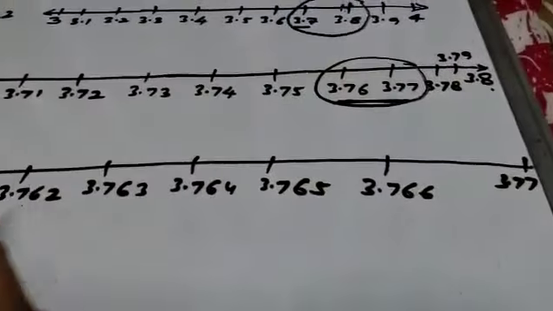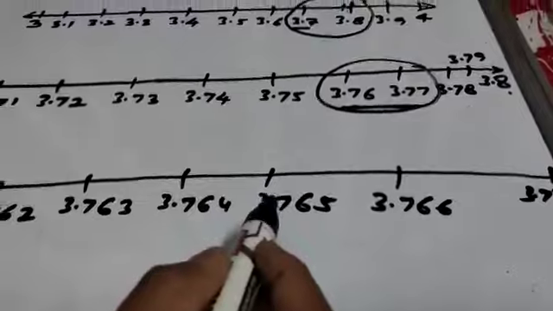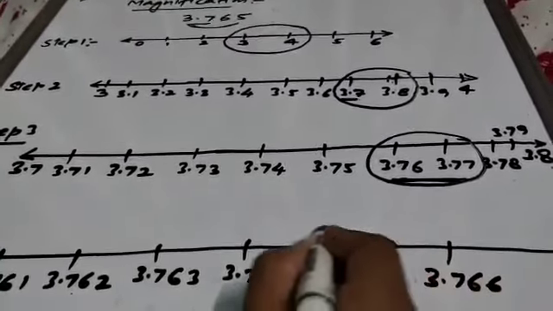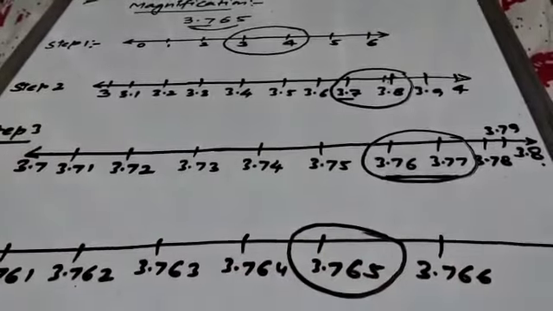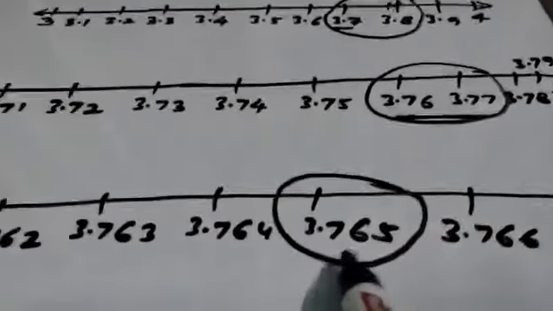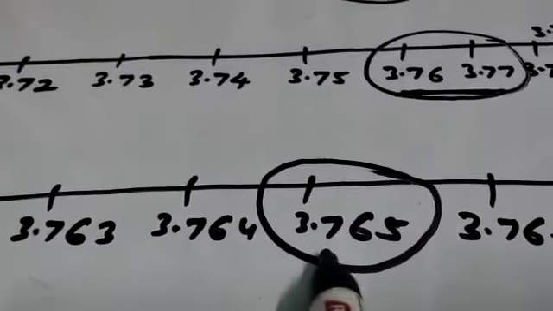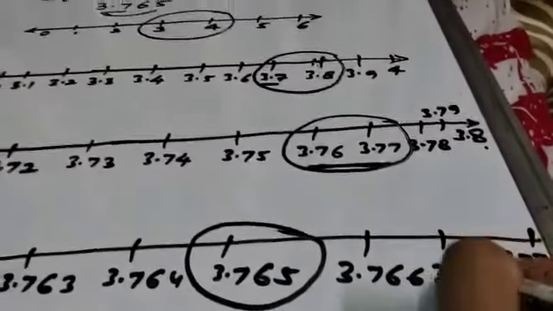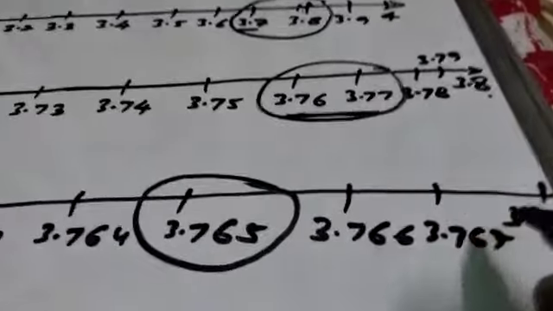Then you can see the number 3.765 will lie here. It means this is the magnification of the number 3.765. You can write here the number 3.767 and so on.